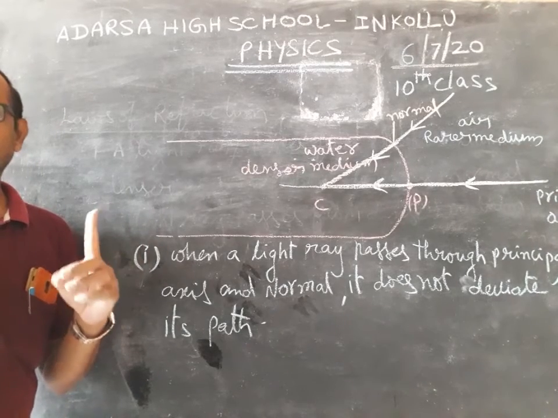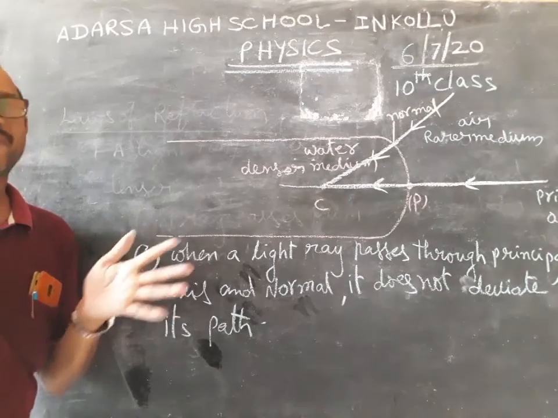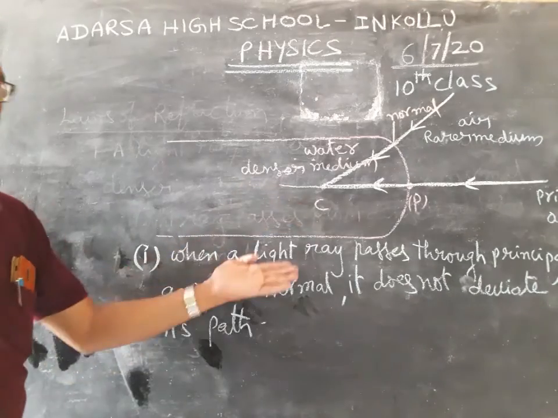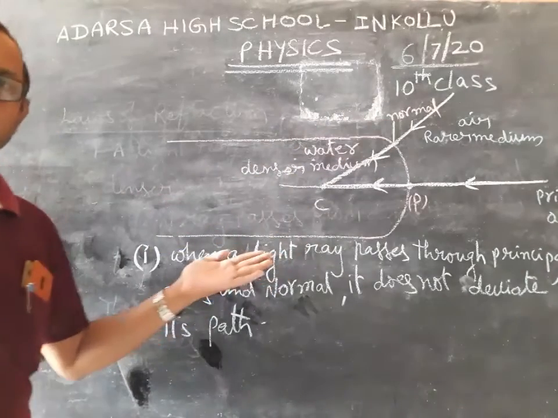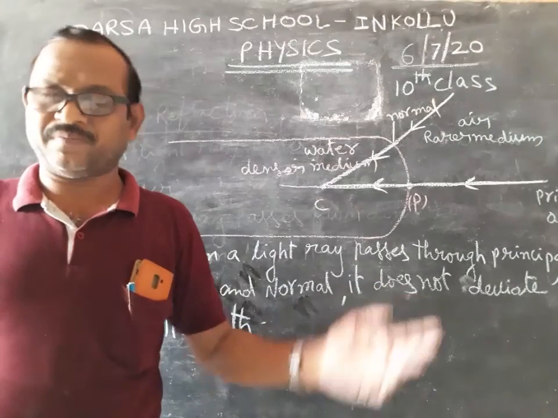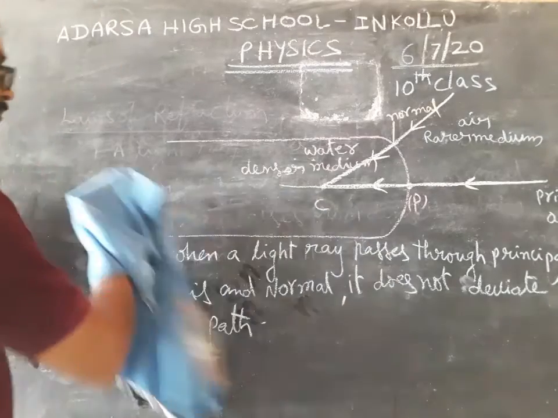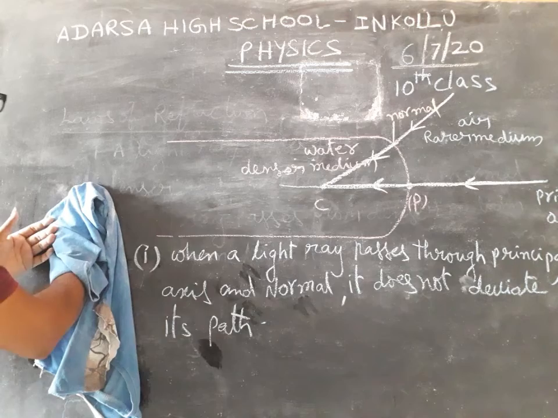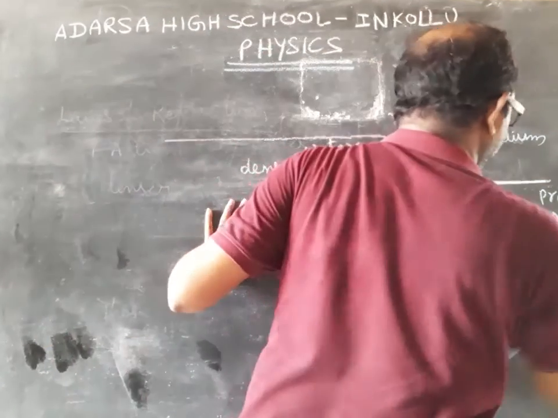When it passes from denser to rarer medium, it bent away from the normal. But this is not applicable when the light ray passes through the principal axis or normal; it does not deviate from its path. Now I am rubbing that one. All of you draw these in your fair notebook or classwork notebook. Most important bits.